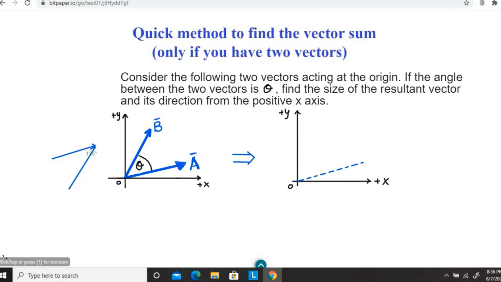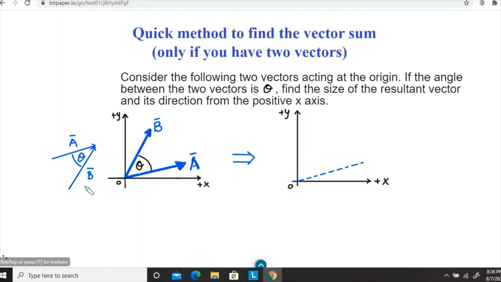So now instead of tail to tail, the heads are connected. This is our vector A, and this is our vector B, and again this angle over here would be theta. So either way, if the 2 vectors are connected tail to tail or head to head, then this analysis is valid.